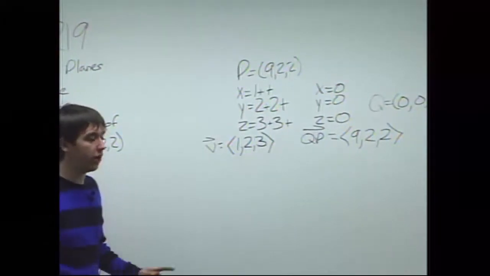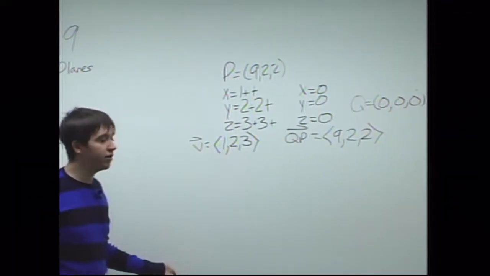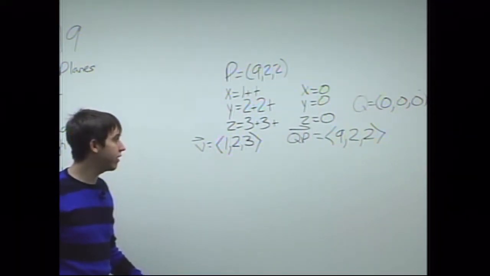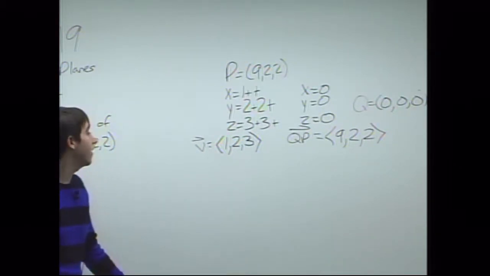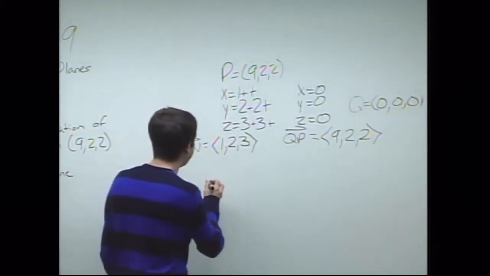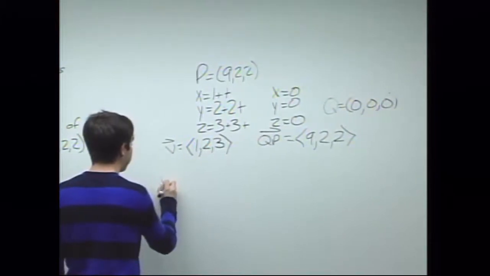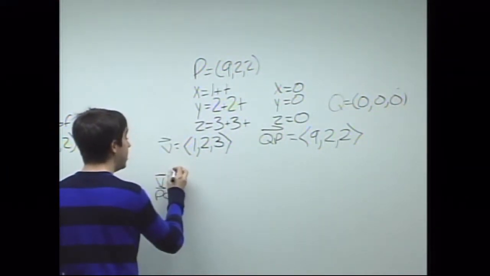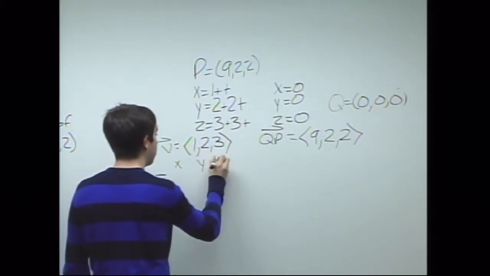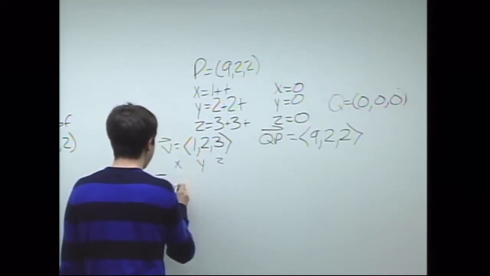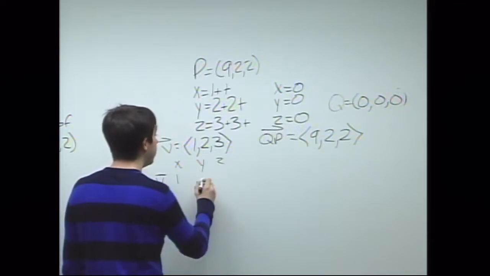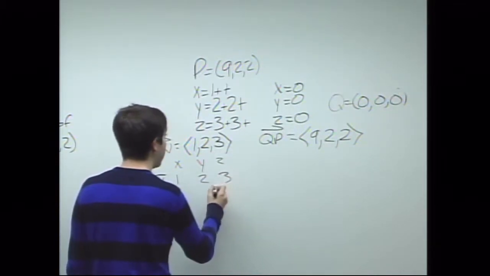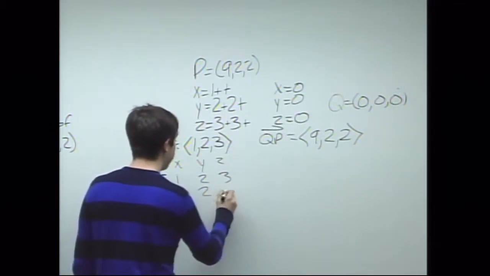So we have two vectors that lie on our plane. We want to construct the normal vector from these two vectors, so we take the cross product. I'll write that out here: i, j, k, then (1, 2, 3) and (9, 2, 2).